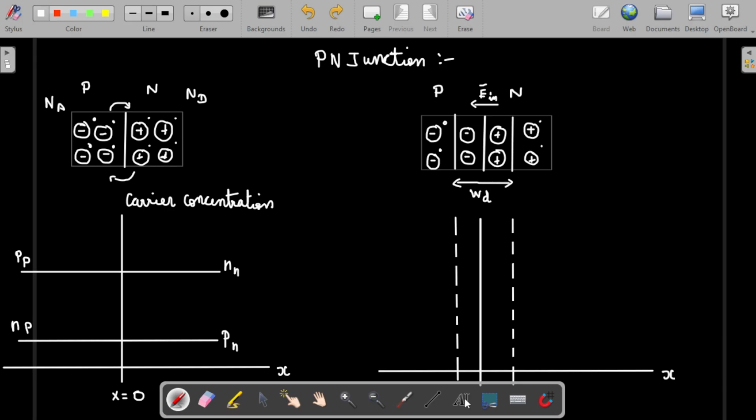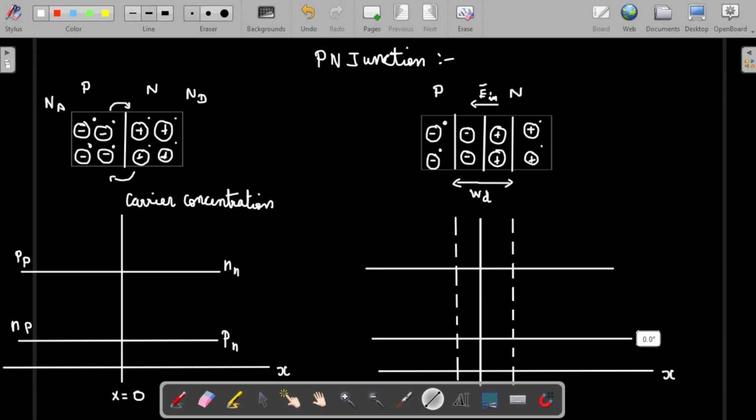First let me represent it completely and then erase it. Up to this, before this region, the carrier concentration will be the same. There will be no changes.